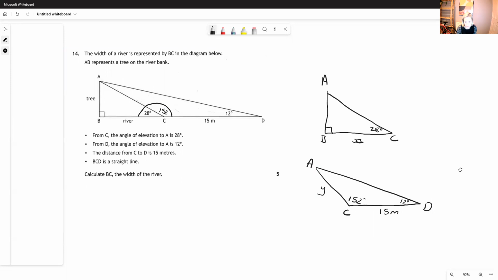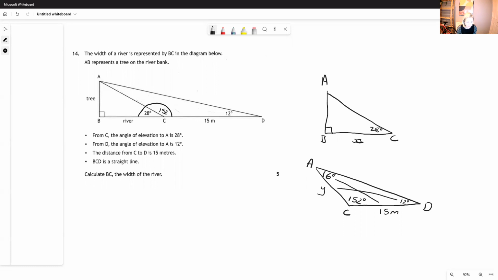And now that I've found 2 out of 3, I might as well find the other one. So the other angle is going to be 180, take away 152, take away 12, which is 16. Okay, so now I've got all my angles, and I've got a side 15, and a side Y. So I can get my pairs of sides and angles. I don't need 152, and I can use the sine rule.